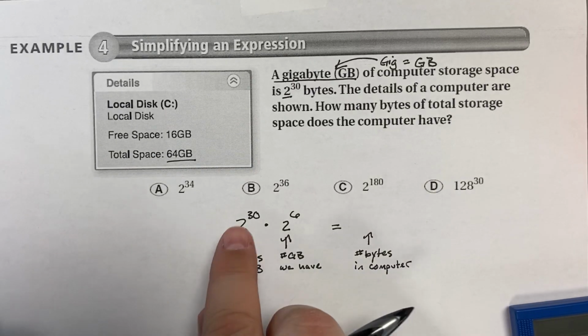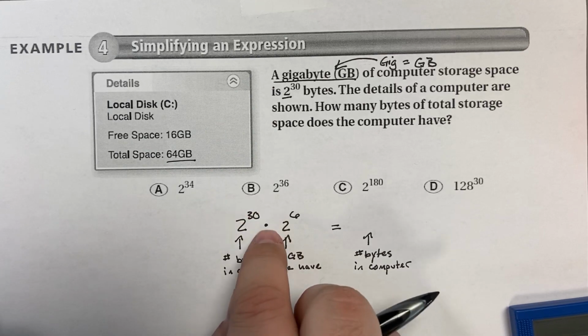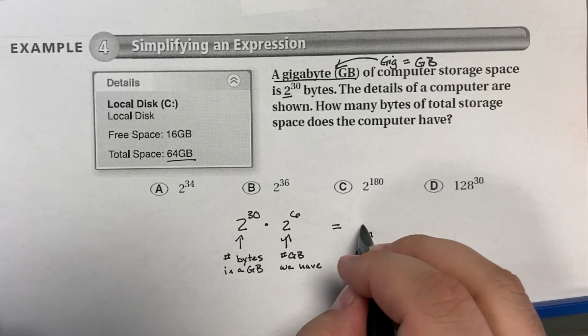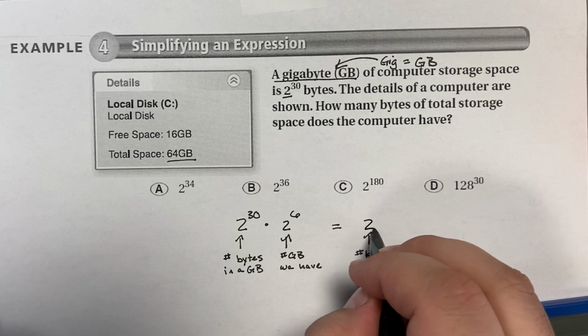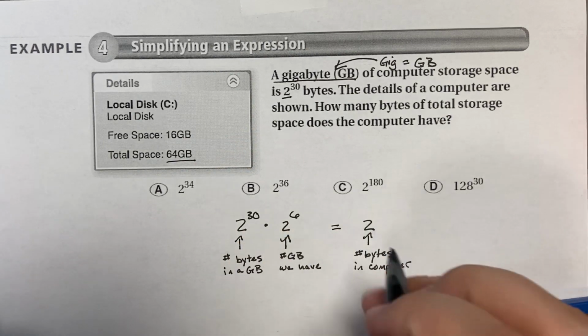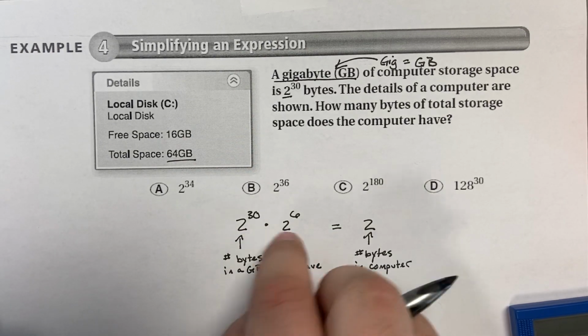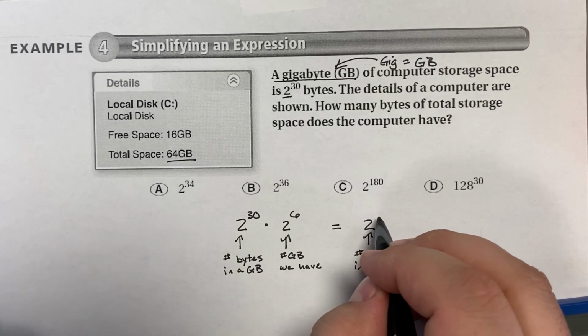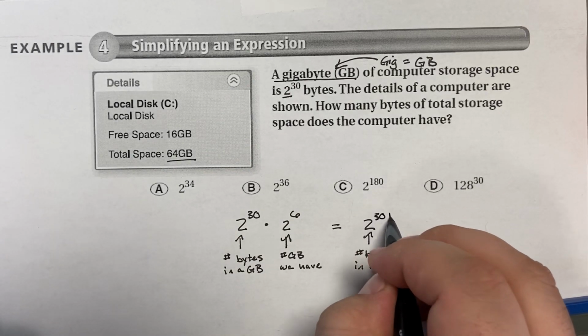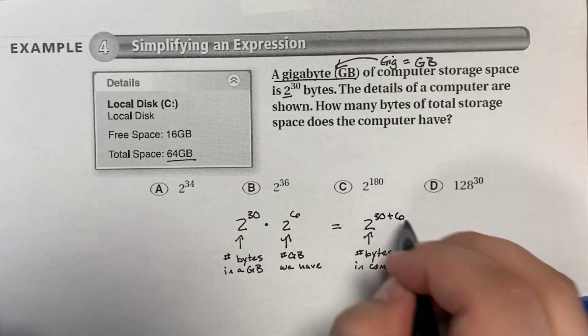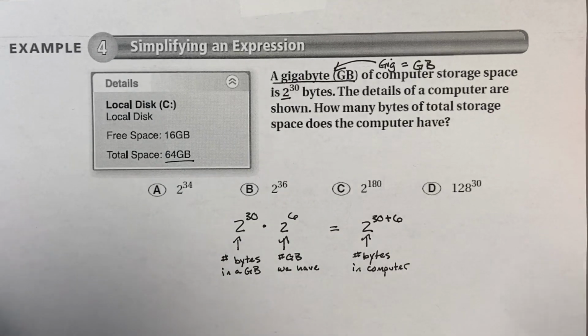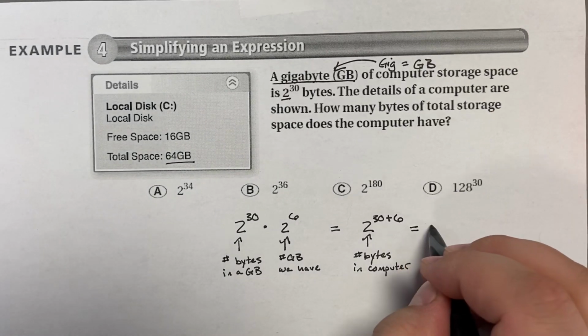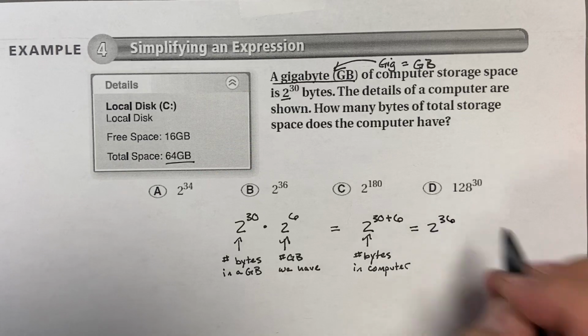So that's going to be the same as 2 to the 30th times 2 to the 6th. If we remember our rules, it's the same thing as copying down our base, and because we're multiplying the same base by exponents, we add the exponents. What we find out is it's going to be 2 to the 36.